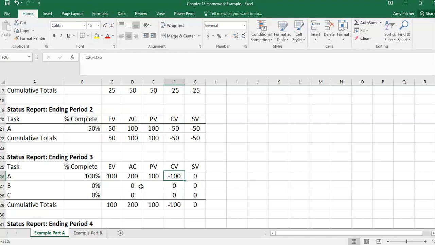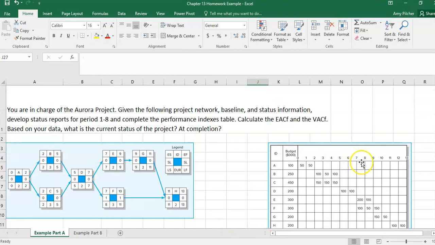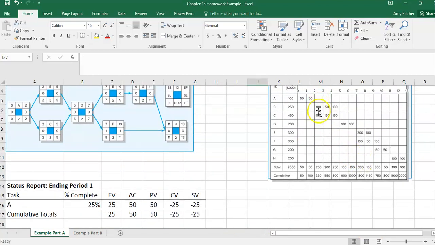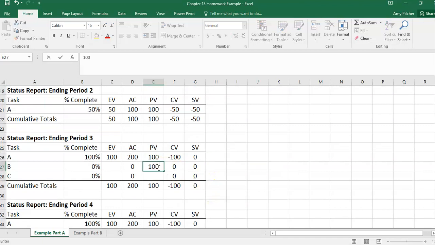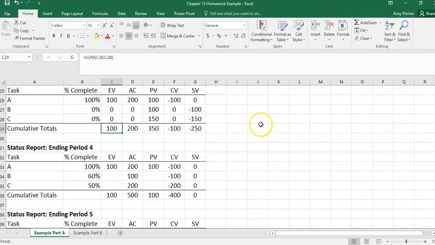We ended up $100 over cost total for A. We have not started B or C. However, at the end of period 3, it was planned that we would be 100 into B and 150 into C. So we are over cost and behind schedule still on B and C.